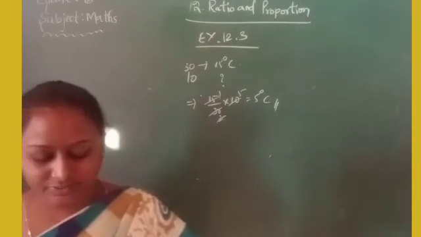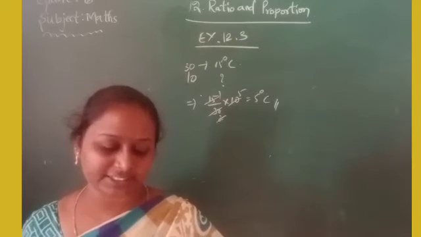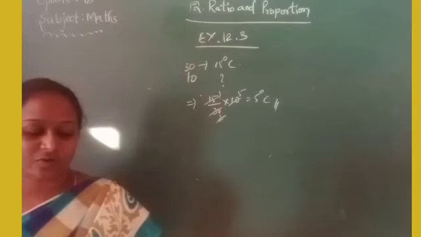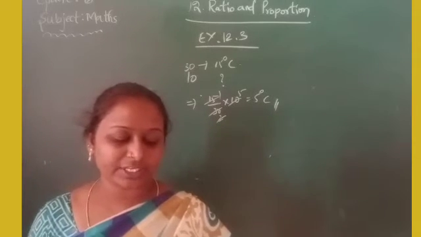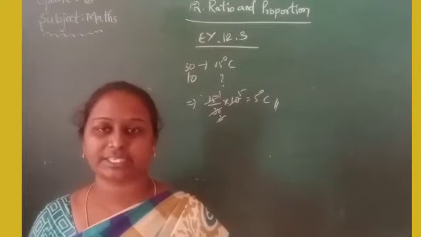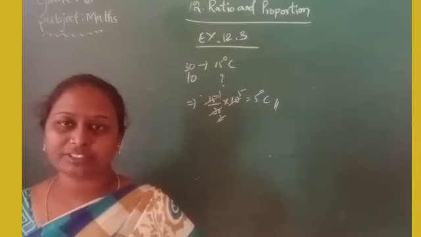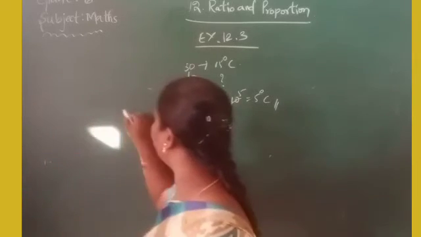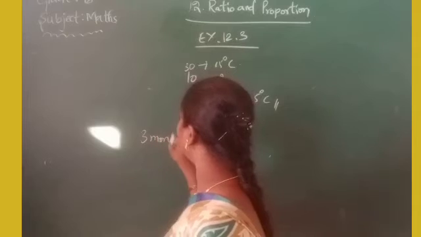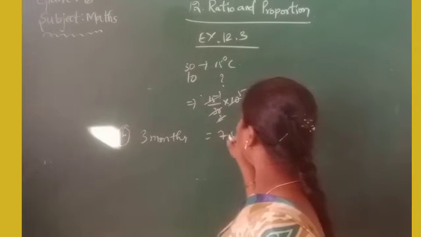Right. Sixth question, see. Shaina pays 7,500 rupees as rent for 3 months. How much does she have to pay for a whole year if the rent per month remains the same? For 3 months she is paying 7,500 rupees.